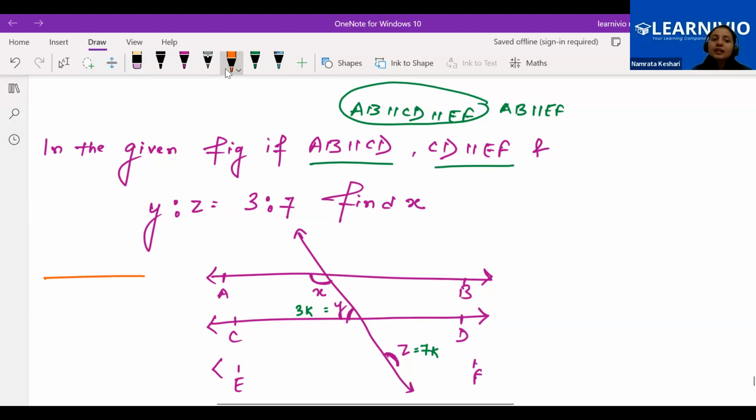Do you know that when two lines are parallel and there is a transversal, then the interior angles on the same side sum to 180 degrees? These two are supplementary with each other, co-interior angles. Have we discussed this concept?